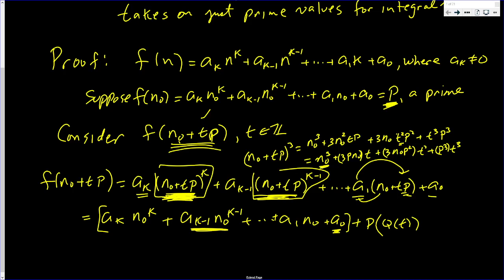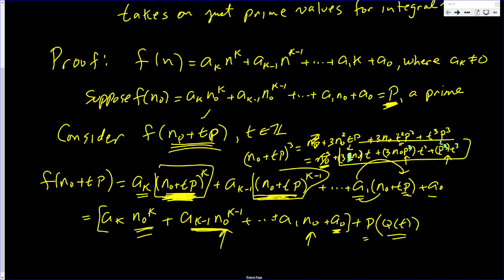I've already dealt with the term that just has n sub 0, so let's just ignore that. Every other term has at least one p, which I factored out, and after you pull out one of the p's, to make that p squared, it is now a polynomial in terms of t.